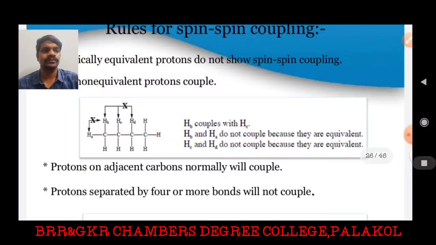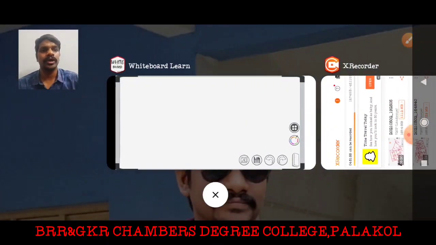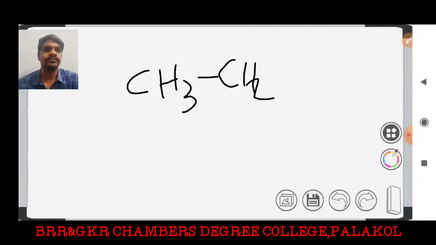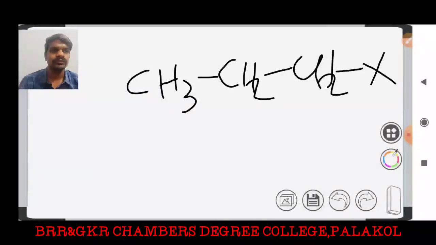So let us discuss in detail on the whiteboard. Here, for example, let us write CH3, CH2, CH2, X. I am trying to determine the number of signals for 1-halopropane.